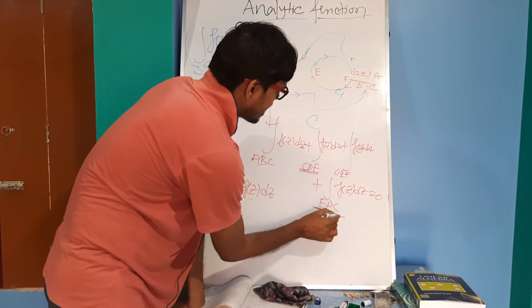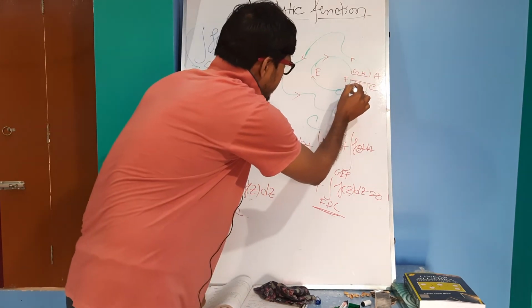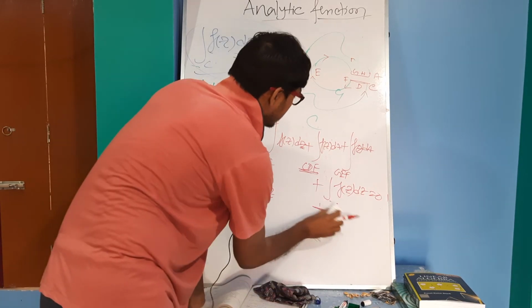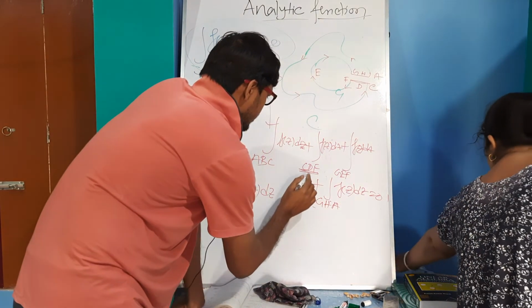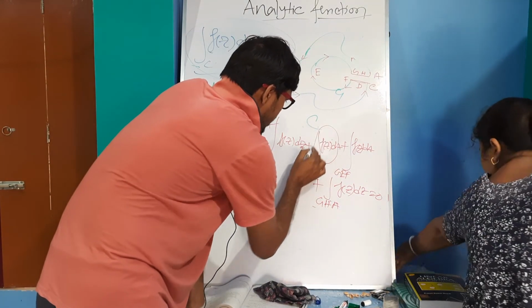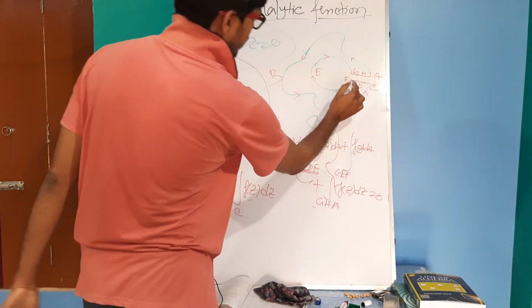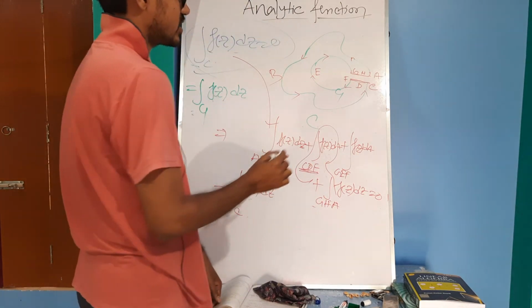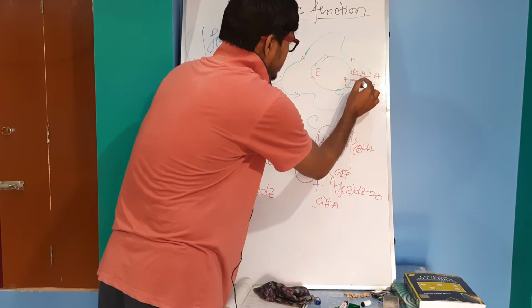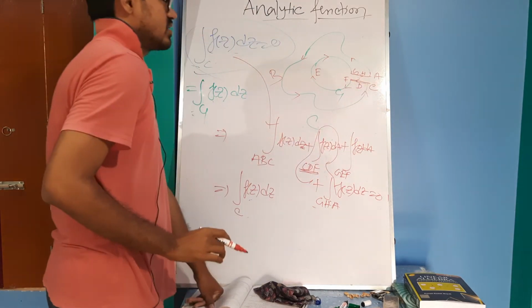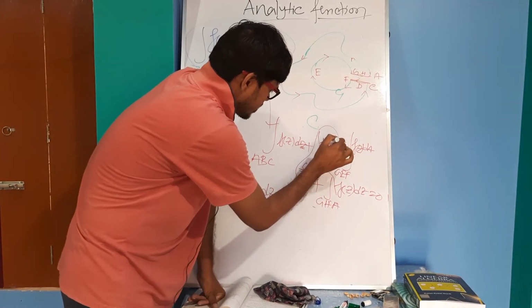So CDF and FDC, and sorry, it will be actually GHA. So these two parts will be equal. Integration over this line and integration over this line will be the same, but the direction is different. You can check here. So this direction is in that line and this direction is in that way. So it is very obvious, this part will be vanished.